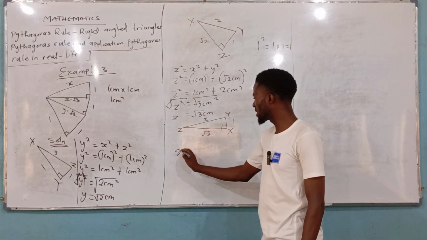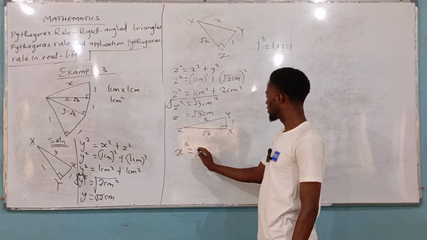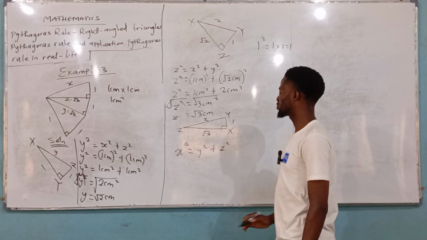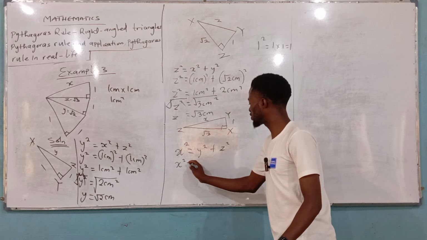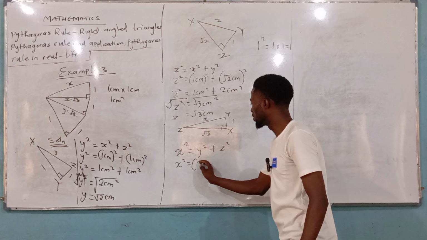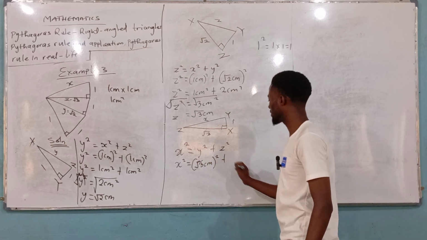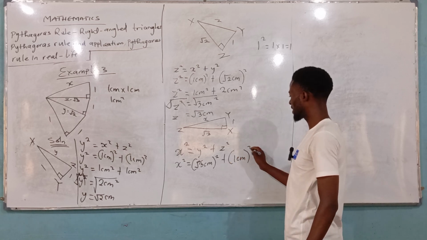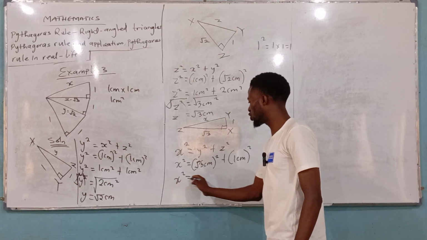So we have x² is equal to y² plus z². From here, x² is equal to, what is our y²? It is root 3, so we have (root 3 centimeter)² plus, for z, we have 1, (1 centimeter)².